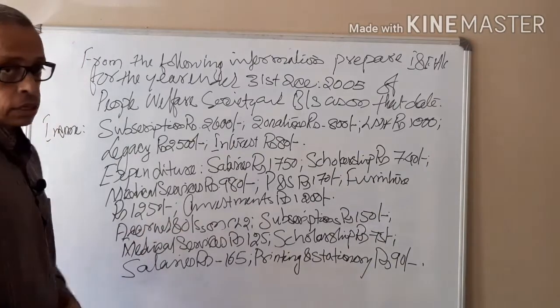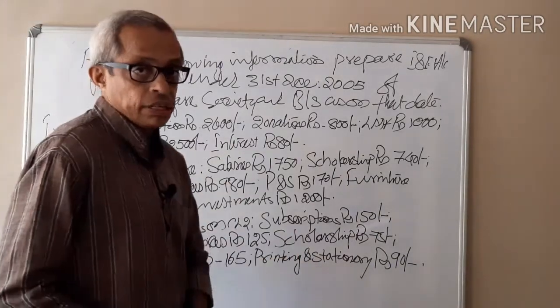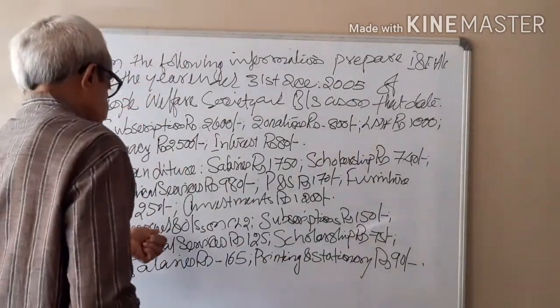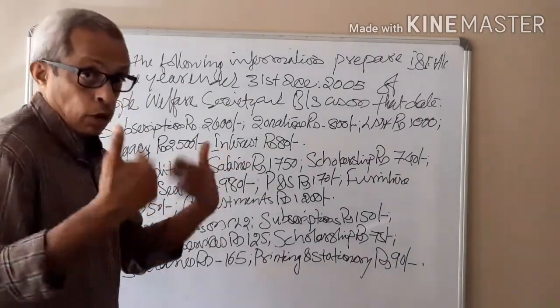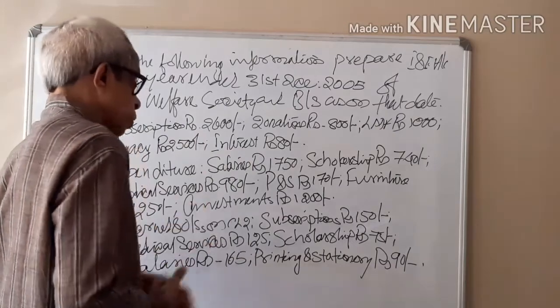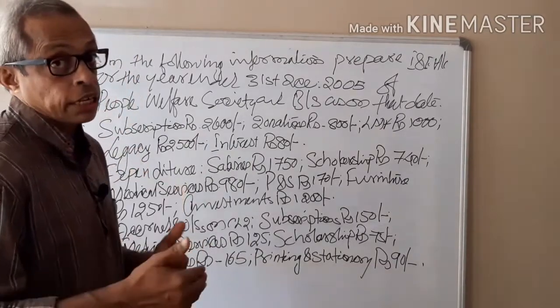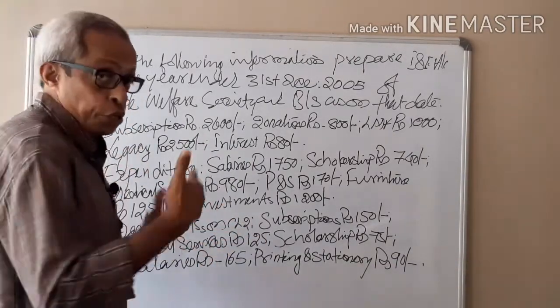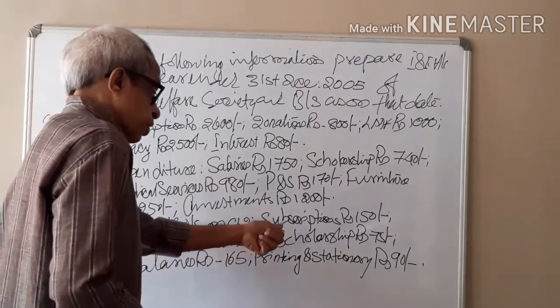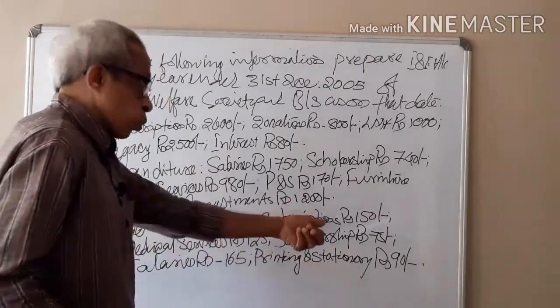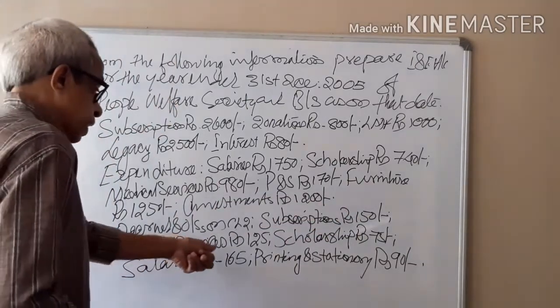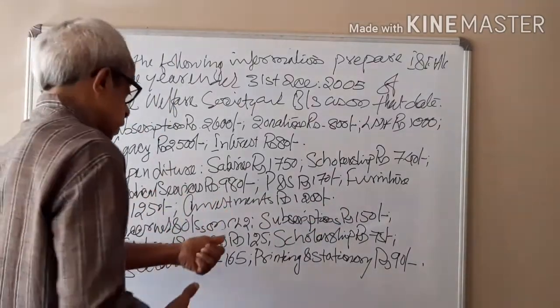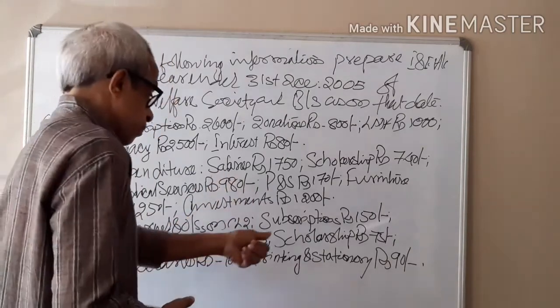Then there are certain figures given. Such figures are either accrued income, income accrued but not received, as well as expenses outstanding, due but not paid. For that, subscription is an income, that is accrued figure, that amount is 150. Then medical services, that is an expense, 125.